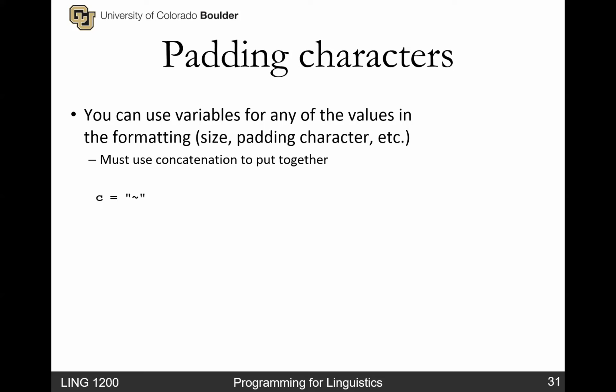So for example, if we have a variable C, which holds our padding character, the tilde, it's a string, notice, so it's a string variable, then we have to use concatenation. You can't just put the variable inside of a string, right? So we've split up our string that we want formatted. The open curly brace and the colon is in this string right here, which we can see by the quotation marks. And we're concatenating that with our string variable.